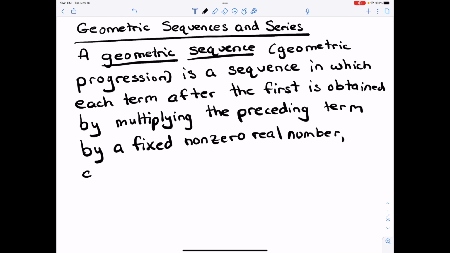So earlier with arithmetic sequences and series, we had the common difference. This time we have the common ratio.